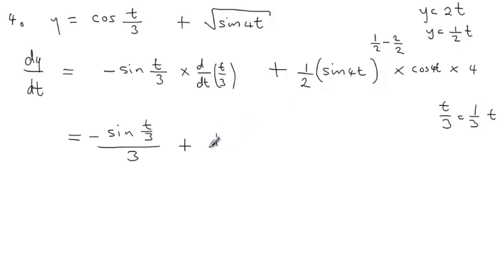So we're going to have here half sine 4t to the power minus half, which is 1 minus 2. Answer is minus 1. So multiply by 4. That 4 we can multiply with it here, so it is 4 over 2 cos 4t.